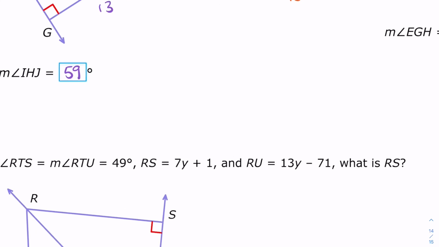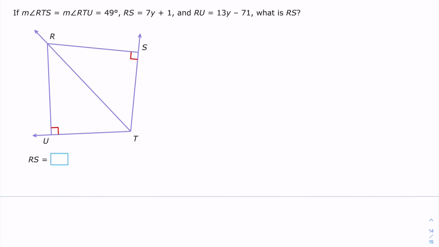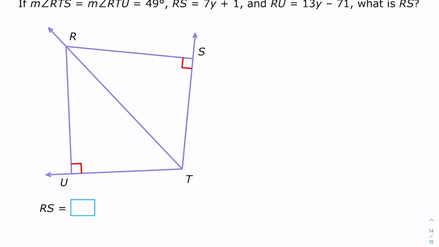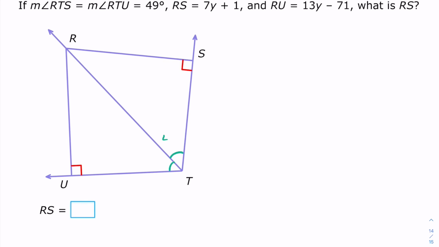Okay, next, and the last one. So here we have RS, we have RTS is equal to RTU. And they both equal 49 degrees. They have a shared side.